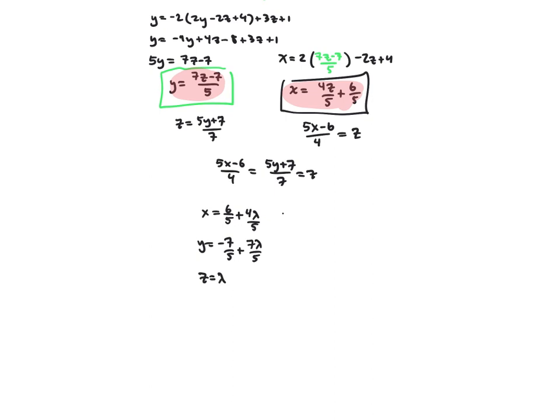Now, if that doesn't connect up top, just leave it alone. Go this direction and come up with the parametric equation of the line of intersection.